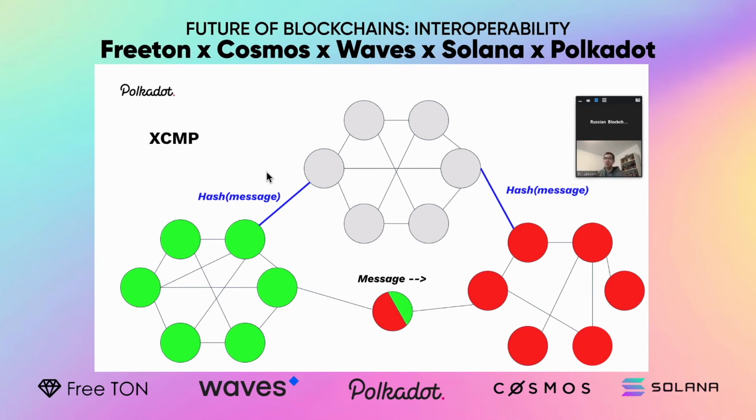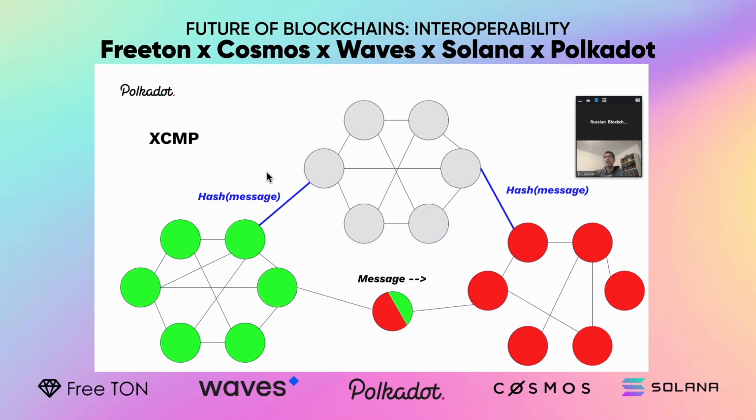I just want to show it to you first from a node perspective instead of a block perspective here, where gray is the relay chain, and we have our green parachain and red parachain. And we have certain collators that, instead of connecting to the relay chain, will actually be full nodes of two different parachains, and thus can send messages directly from one to another.